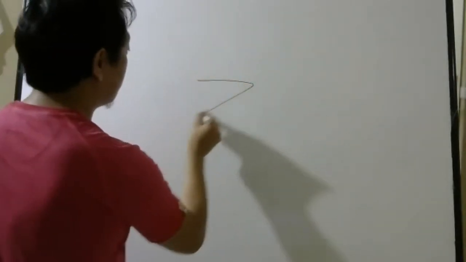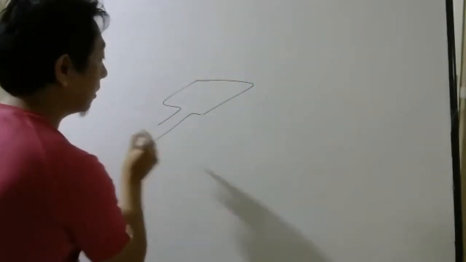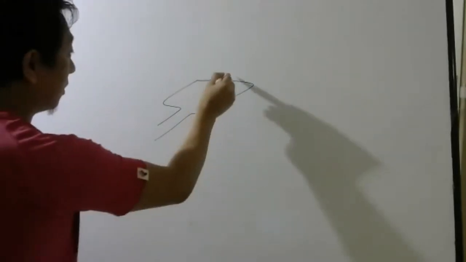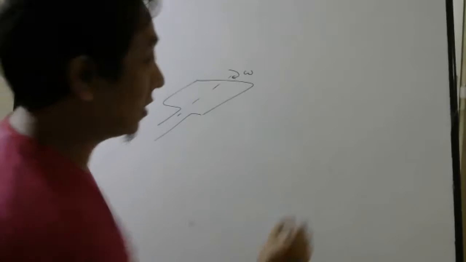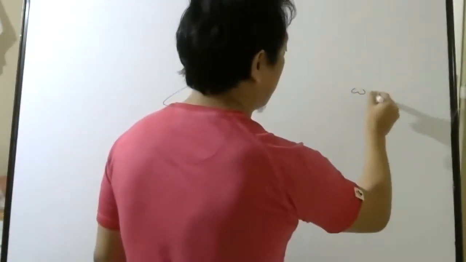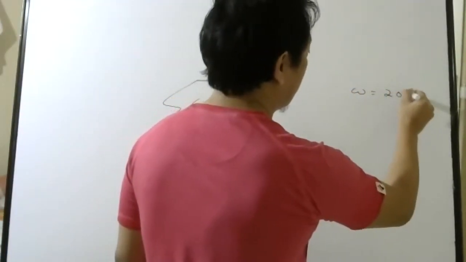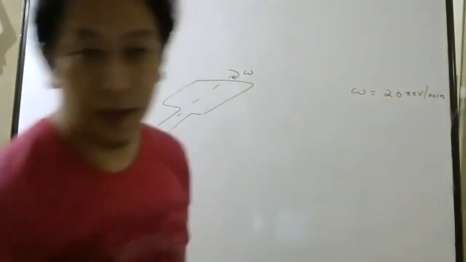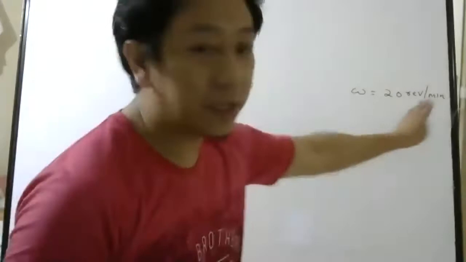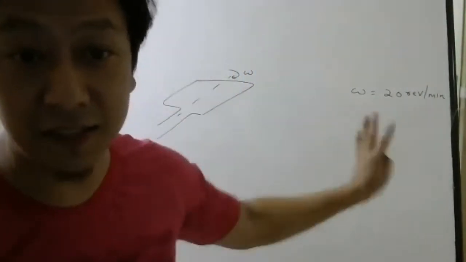Okay. So let me quickly remind you, we discussed the AC generator, right? If you take a coil like this and rotate the coil with some angular speed, the angular speed may be something like 20 revolutions per minute. Like this they will give.